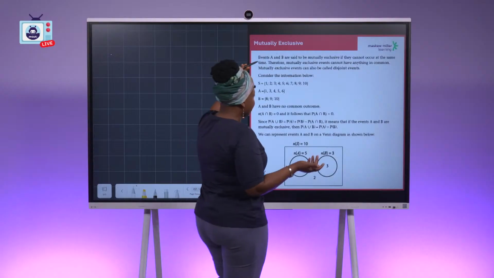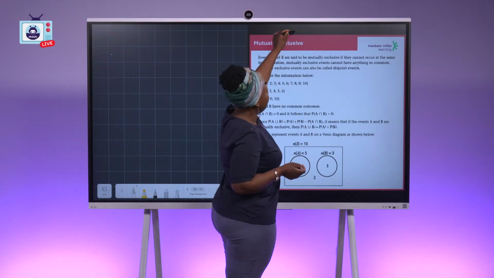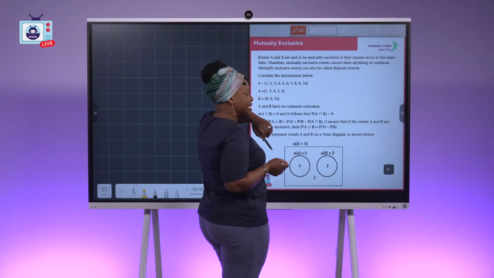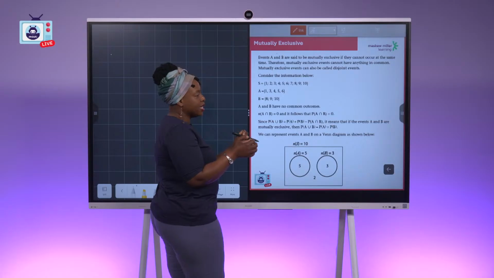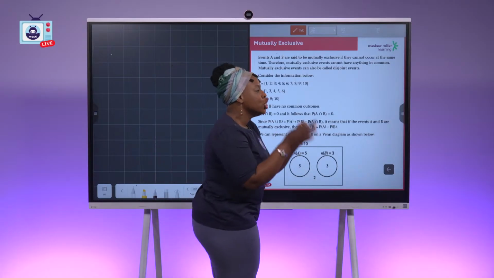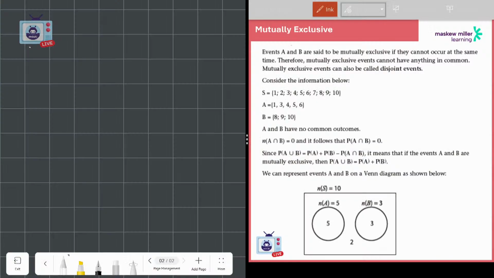So let's read the statement together. Remember, in maths, when you analyze the statement, you always, and this is very, very important, you always must just point out the information that is important. If need be, label it and say, I have this, I don't have this. You will go far in that way. Okay, so let's see. Here, they said event A and B are said to be mutual exclusive, right?